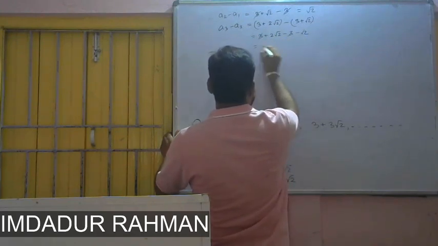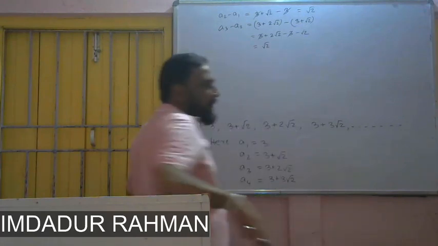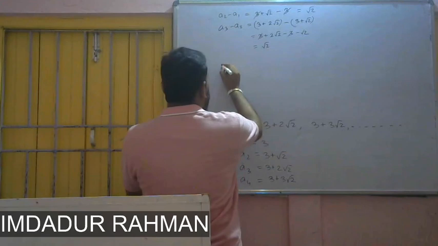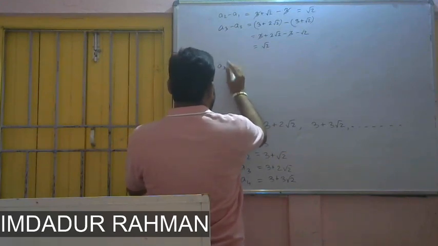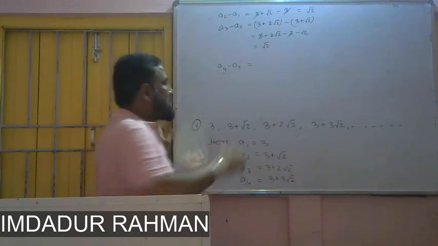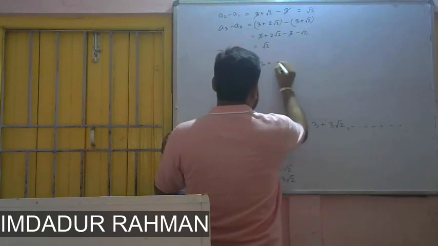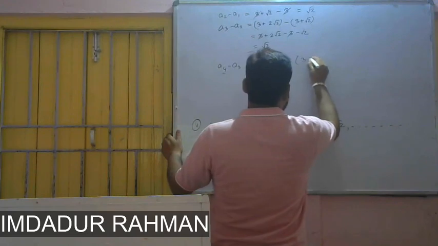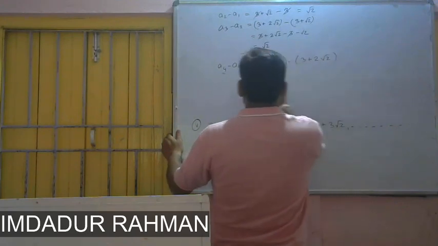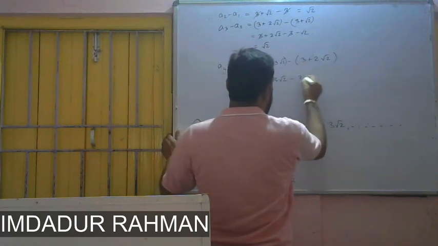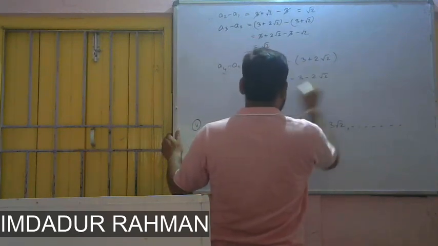3 cancel. This is root 2. So again we got root 2. Again the last term, A4 minus A3, is equal to 3 plus 3 root 2 minus 3 minus 2 root 2.